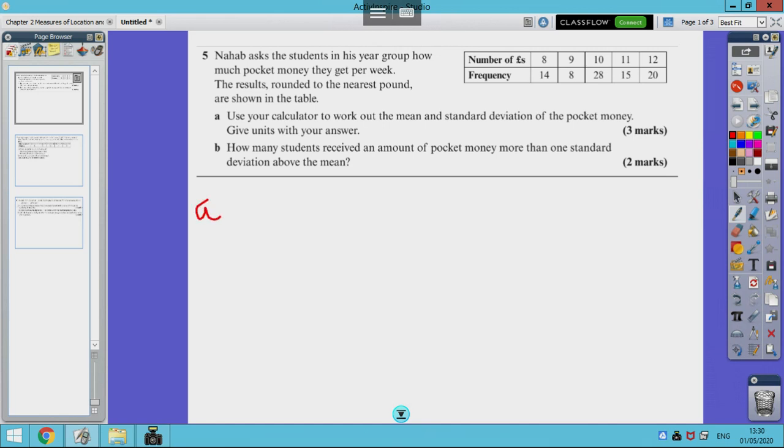For part A, you should get x bar equals £10.22, and your standard deviation is £1.35. I've skipped that because you should know how to do that on your calculator.